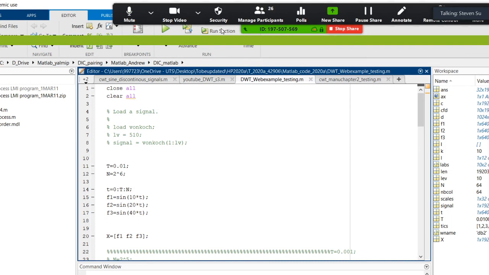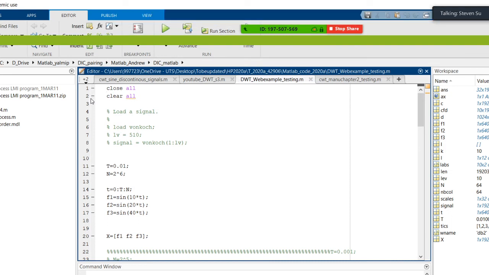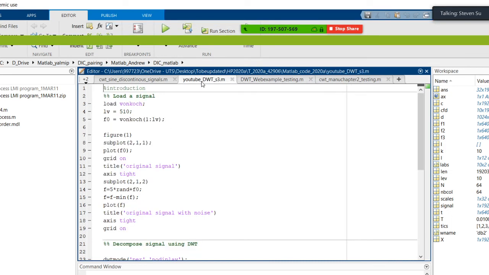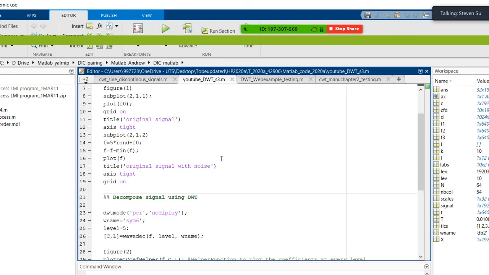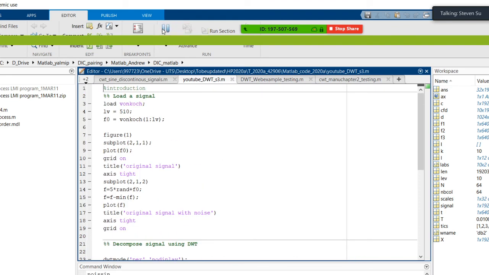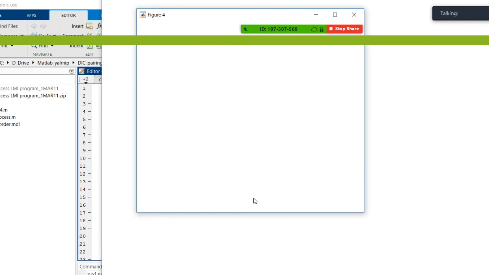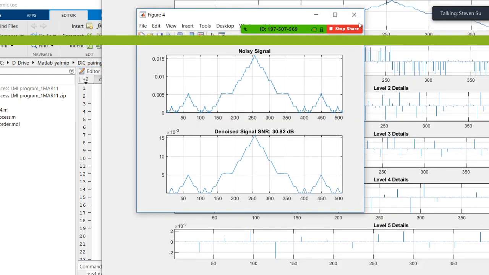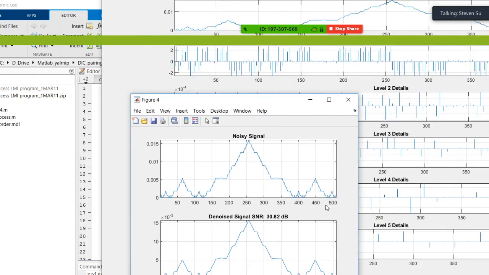Because time is limited, we still need to read quickly, but to be honest, it's very straightforward. This one is used to denoise. You can see this is the original signal, the noisy signal. After denoising, you can see it is very clean and does not damage the real information.